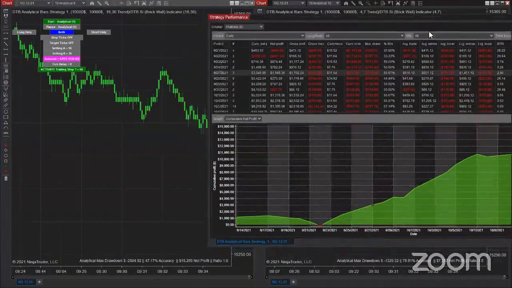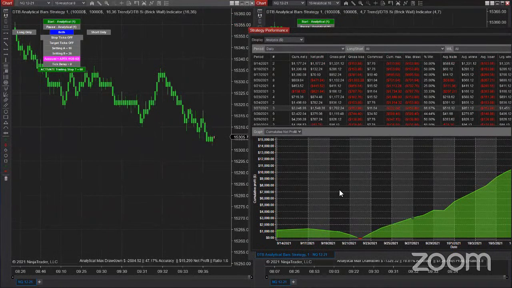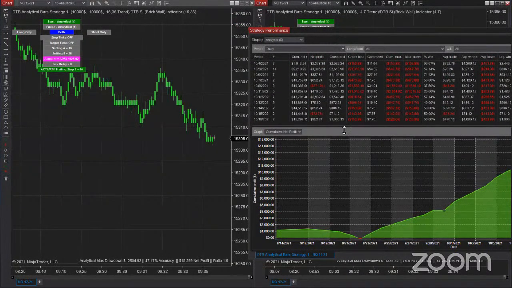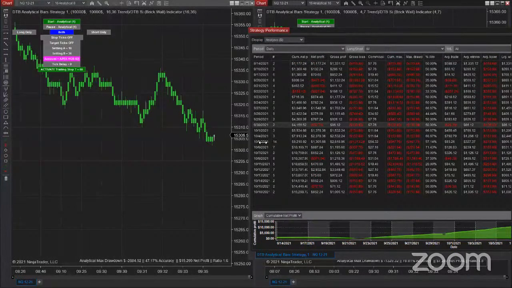Just by the history of this, it's not entered a substantial amount of positions. It's only a few days, but this one here entered a lot of positions. Seems like just a lower value of trades. So that's that one.